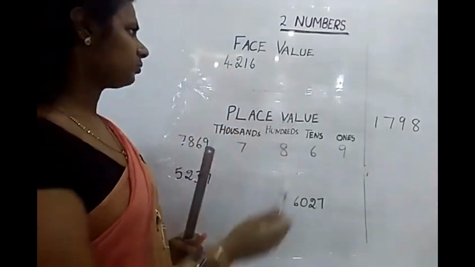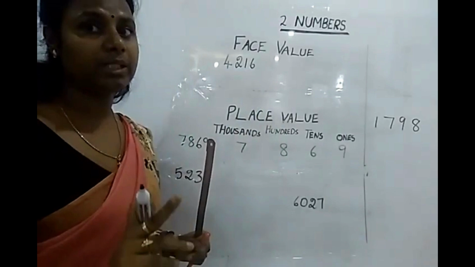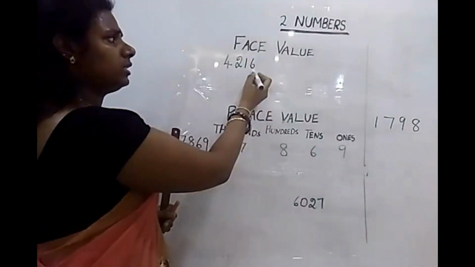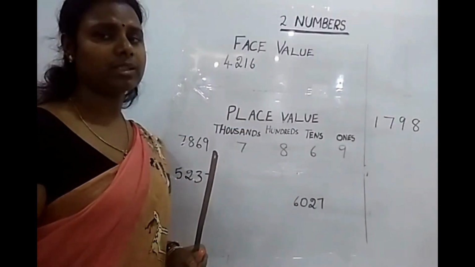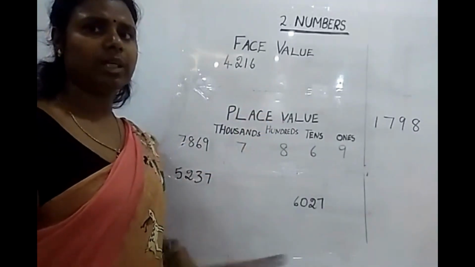Now see here, one number I gave you, 4216. What is the face value of 6 in 4216? By looking at this number, what do you say? That is 6.